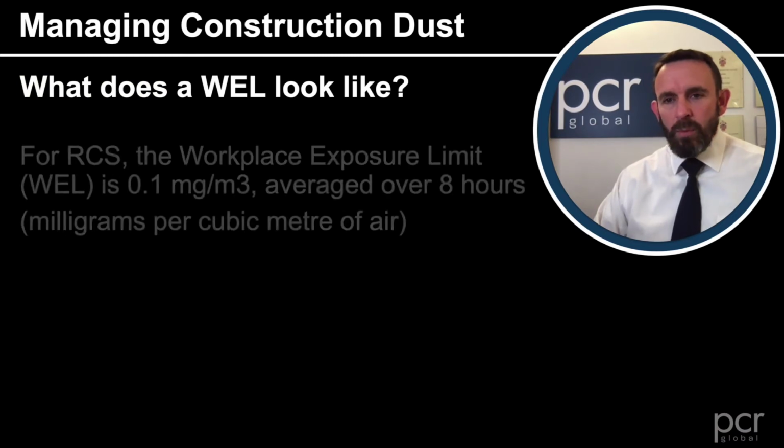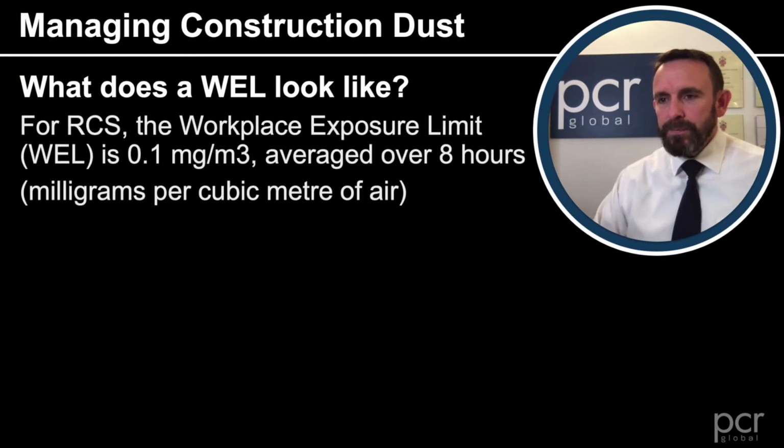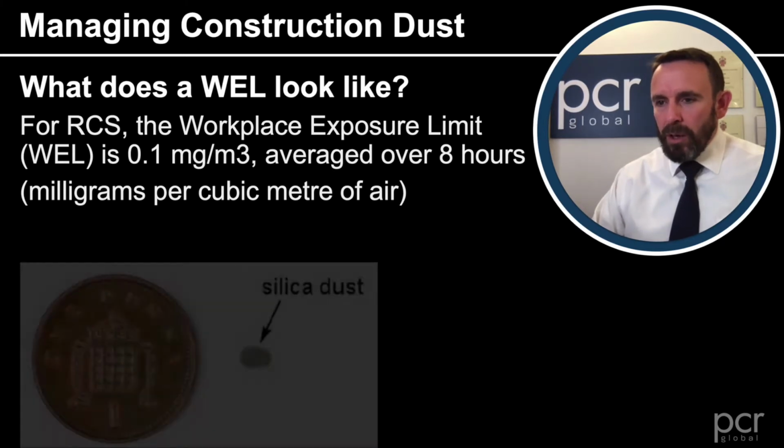What actually does a WEL look like? For respirable crystalline silica, RCS, the WEL is 0.1 milligrams per cubic metre of air, averaged over 8 hours. And what does that look like on the ground?